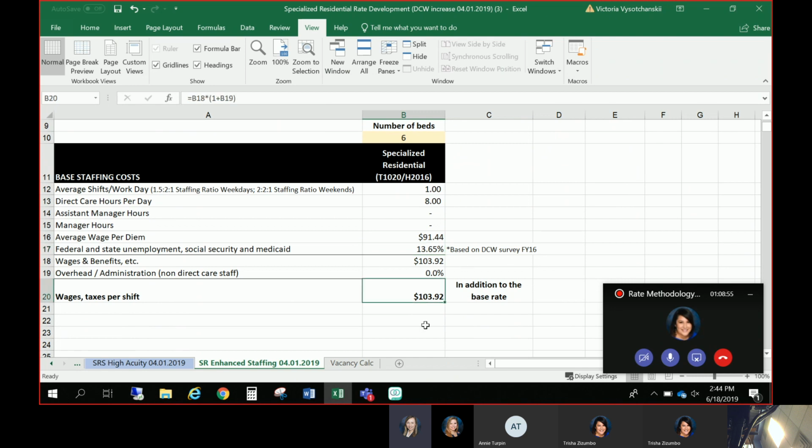So what that would give us is, in addition to the base rate, the rate would increase by $103.92. Again, there is a strict process involved with qualifying for enhanced staffing, but that would be what the rate would look like in addition to the base rate.